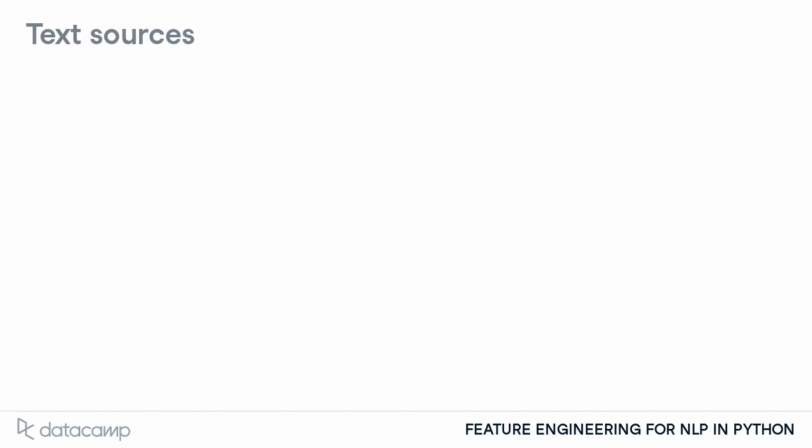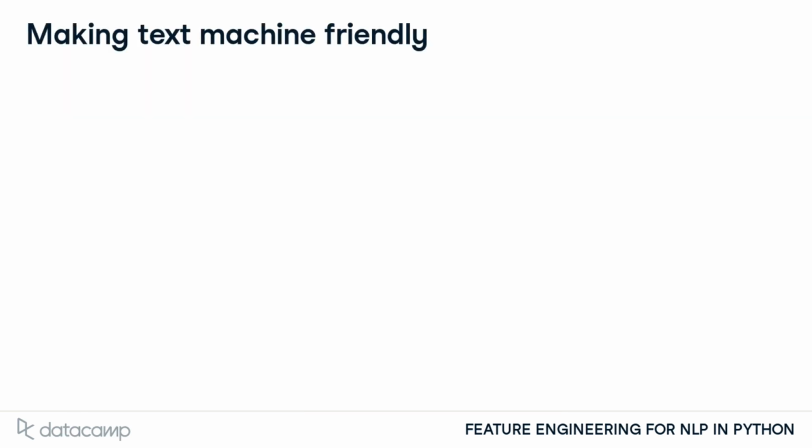In NLP, we usually have to deal with text from a variety of sources. For instance, it can be a news article where the text is grammatically correct and proofread. It could be tweets containing shorthands and hashtags. It could also be comments on YouTube where people have a tendency to abuse capital letters and punctuation. It is important that we standardize these texts into a machine-friendly format. We want our models to treat similar words as the same.